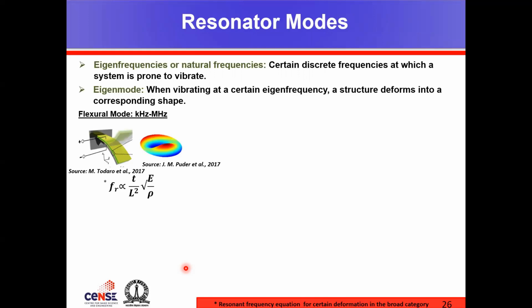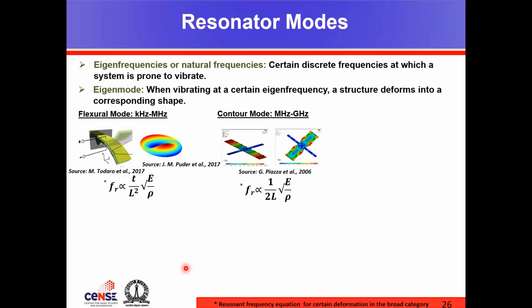This is a flexural mode, which is generally classified as a bending mode and features a large displacement in the transverse direction to the plane of the device. Most of these flexural modes depend largely on the E31 coefficient. There are flexural modes where people use E33 coefficients as well.